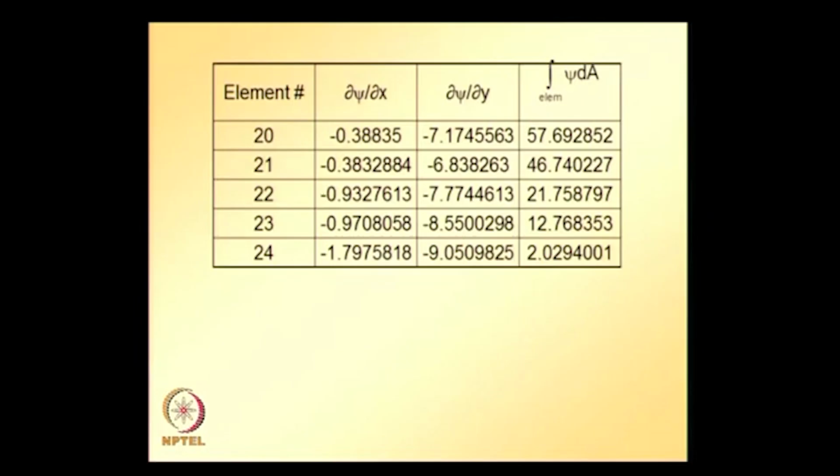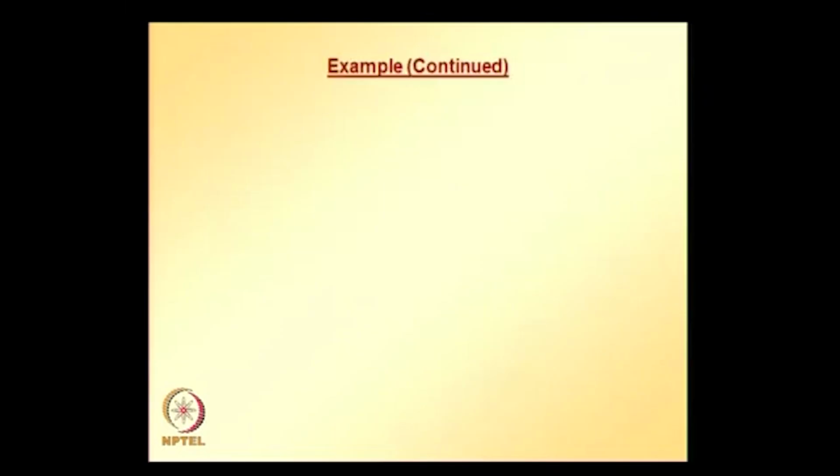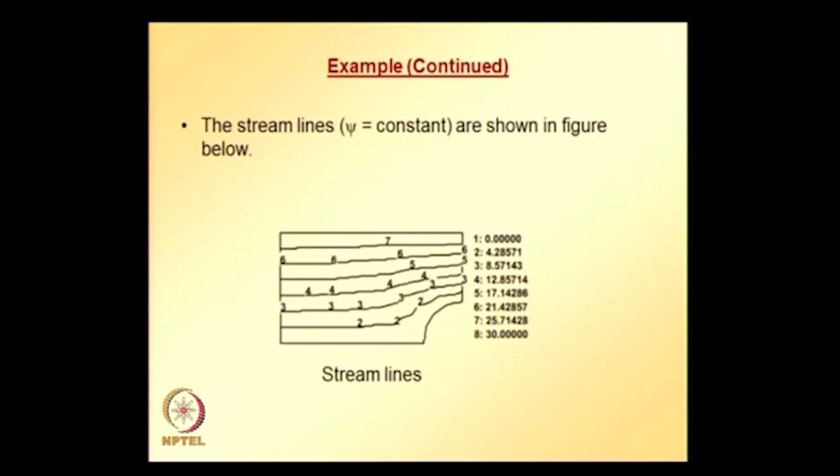We can also plot what are called streamlines, corresponding to the lines along which the stream function value is constant. So, streamlines are shown in this figure.